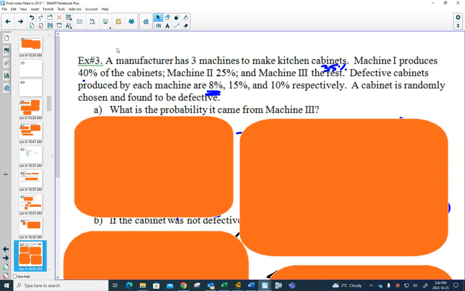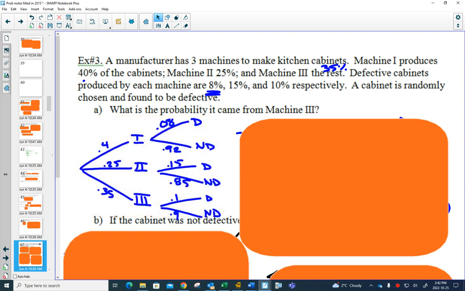So the first thing we're going to do with this is draw a tree diagram representing all the possibilities. First of all, it either comes out of machine 1, 2, or 3. So I use the Roman numerals for that. And then after it comes out of machine 1, it's either defective or not defective. So I use D and ND.